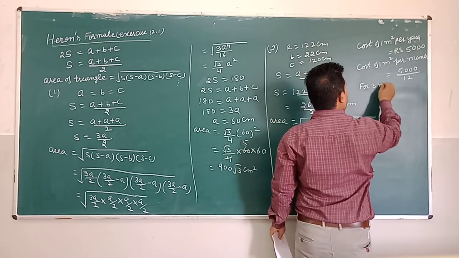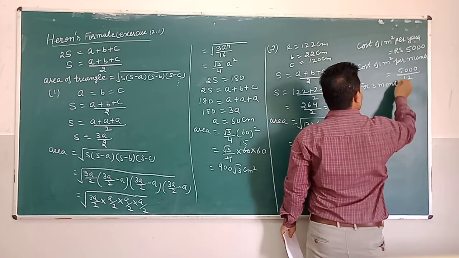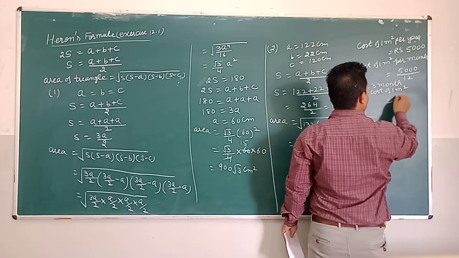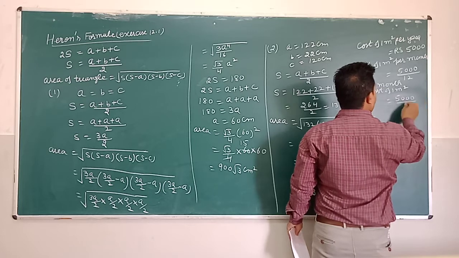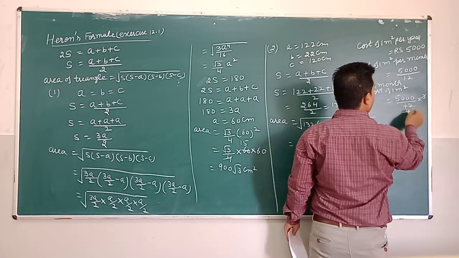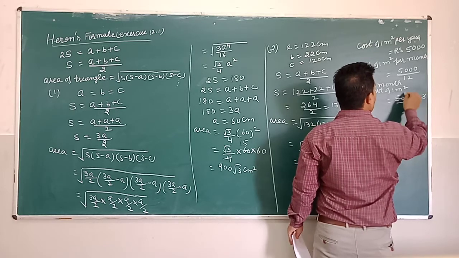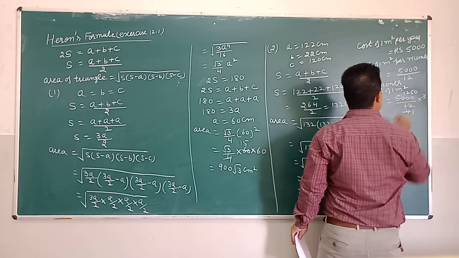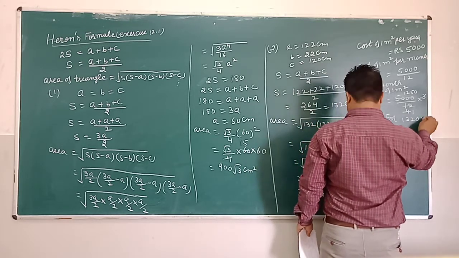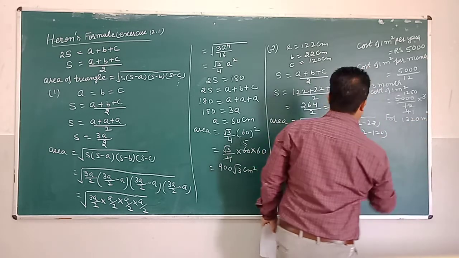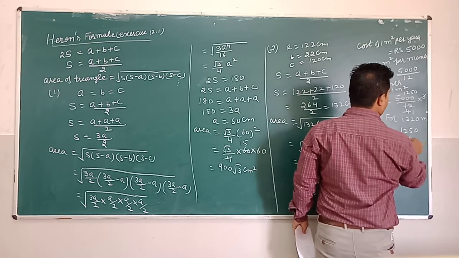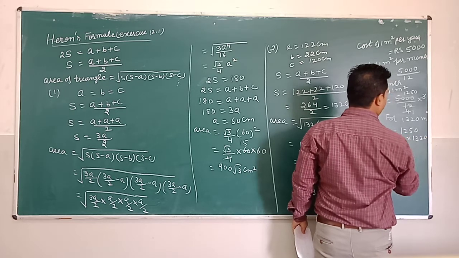For 3 months, the cost of 1 meter square is 5,000 divided by 12 into 3. This cancels out, so this becomes 1250 rupees. For 1320 meter square, the cost is 1250 into 1320 rupees.